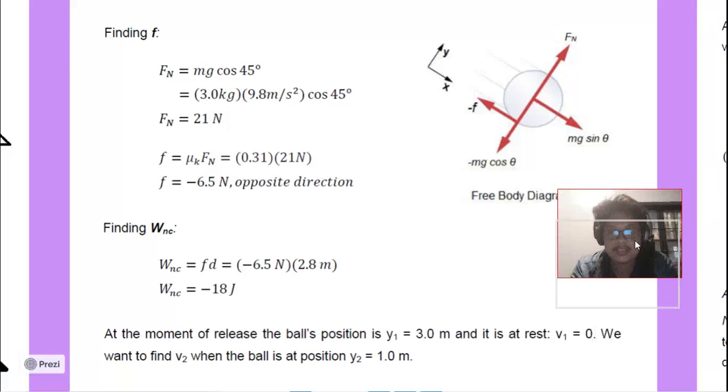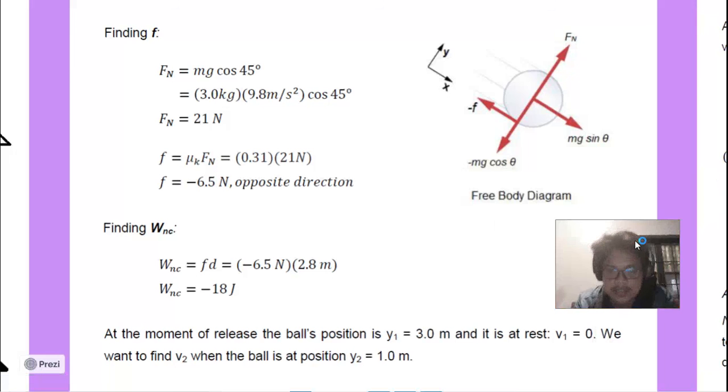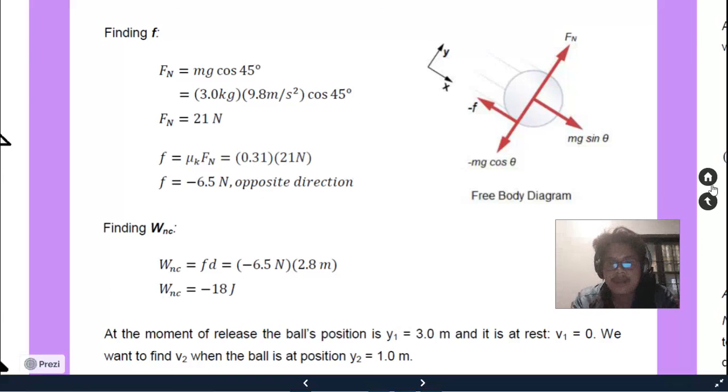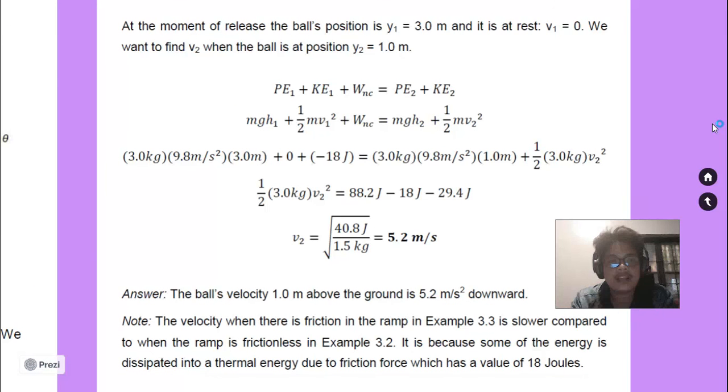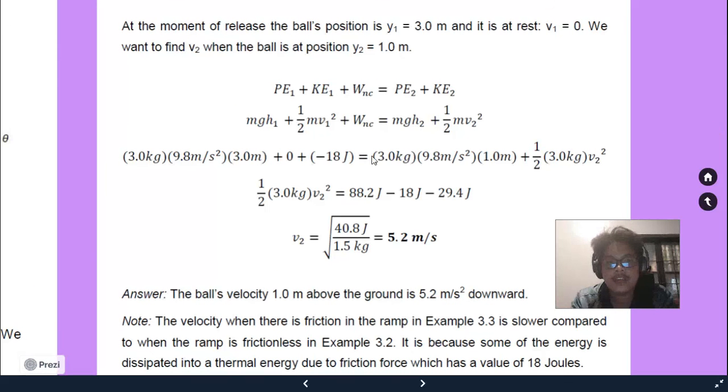Okay, so this one, at the moment of release, the ball's position. So, anong ginawa natin dito? Okay, same lang siya sa ating example 3.2, but tinanap lang natin yung work done by non-conservative force. Sinubstitute natin yung negative 18 joules dito. Thus, you will be able to know that yung una kasi is 6.3. Ngayon, the velocity becomes 5.2 meters per second.